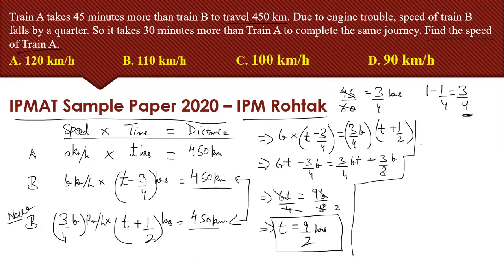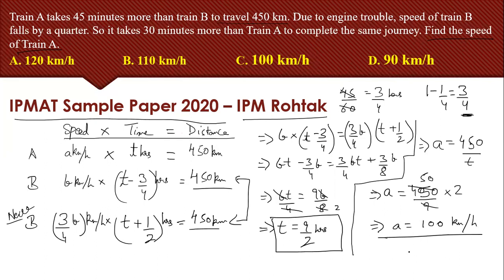To find out the value of A, I can divide 450 by T. So the value of A will be 450 by 9 by 2, which gives me the value of A as 100 kilometer per hour, which is option C. So this is the basic method that can be used to solve this question.